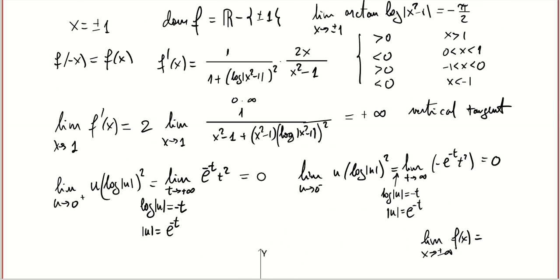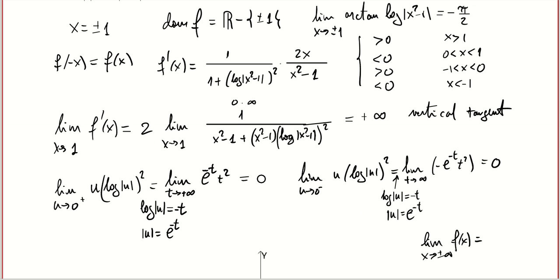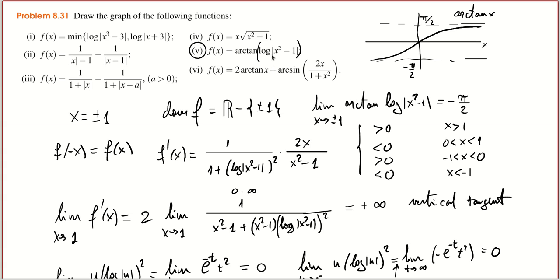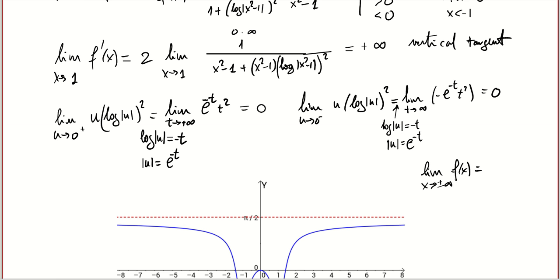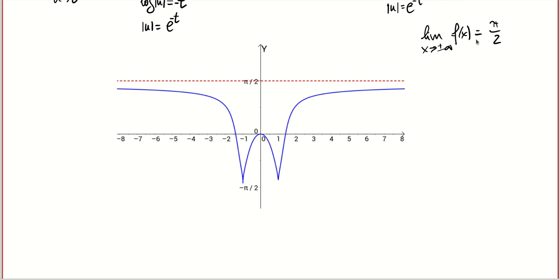And that's easy to analyze because when x goes to plus or minus infinity, the argument diverges, the logarithm diverges too, so it goes to plus infinity in both cases. And then the arctangent of plus infinity is pi half. So there's a horizontal asymptote at pi half. That is the last piece of evidence that we needed to use. So there you go. This is the horizontal asymptote, right?